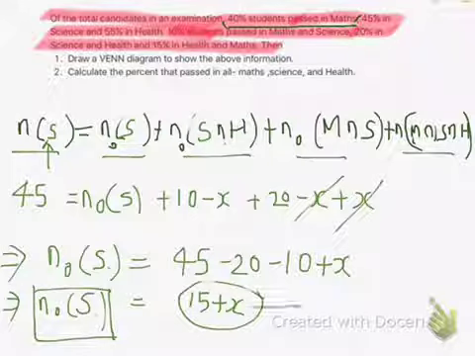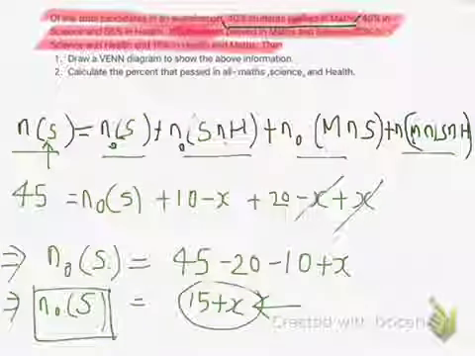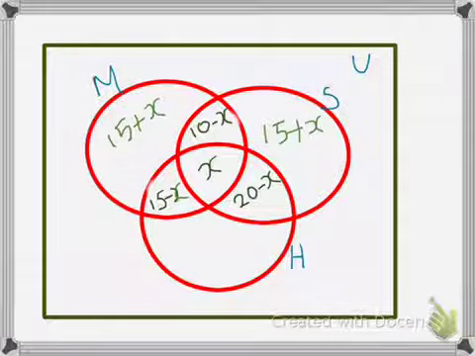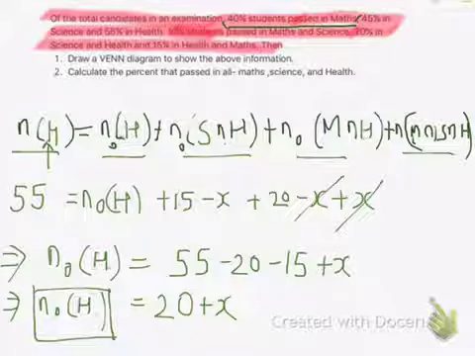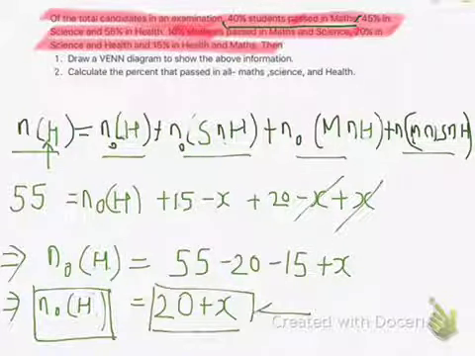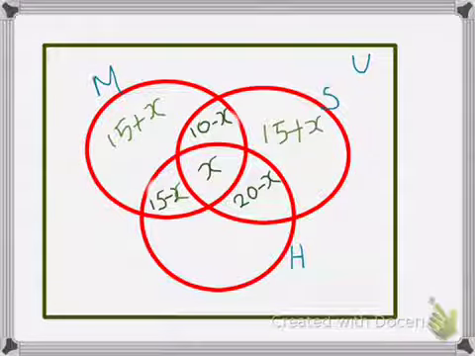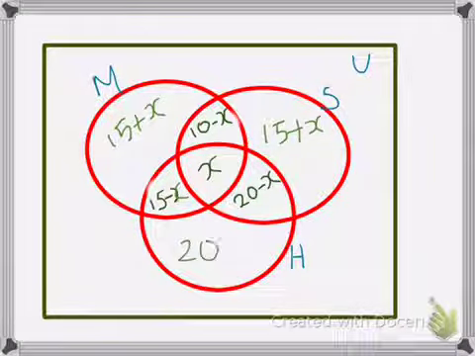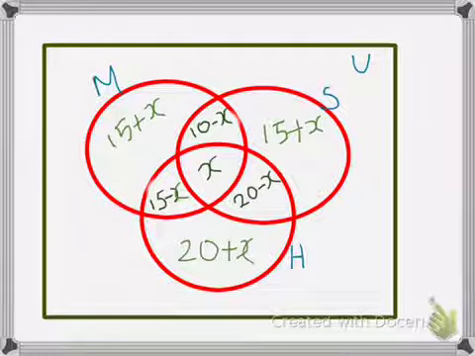You'll get 15 plus X. So only S also gives 15 plus X. To calculate only H, I've again used the same method. Solving this gives 20 plus X. If you couldn't understand the calculation, please pause the video and look at it more clearly. Here I got 20 plus X.